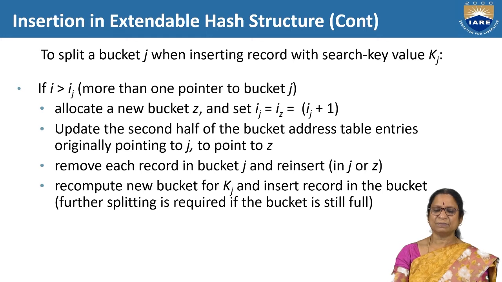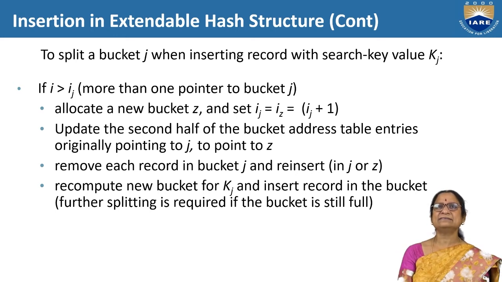So the split of bucket J when inserting a record with search key value K should follow the constraint: if I is greater than Ij, there is more than one pointer to the same bucket, and we allocate a new bucket Z. Accordingly, update the second half of the bucket address table entries originally pointing to J to point to Z. A new bucket is added, no?